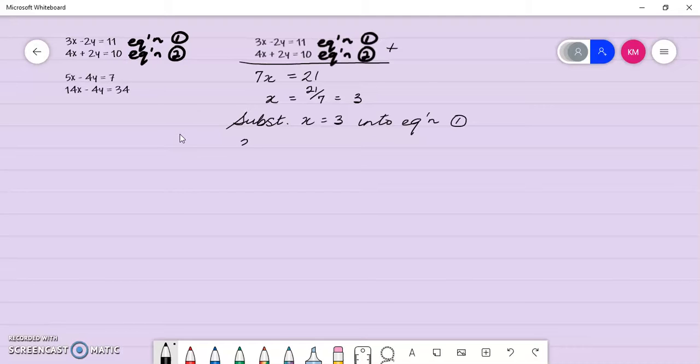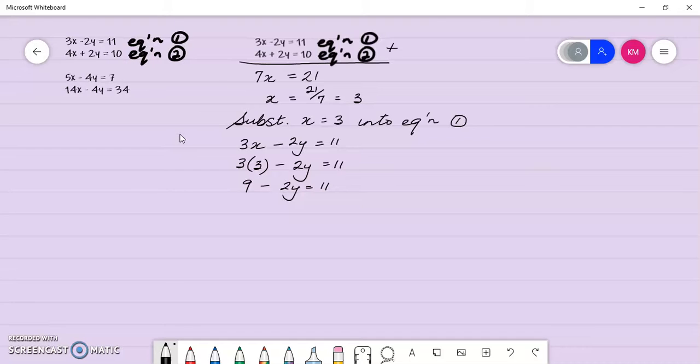So I'm going to rewrite equation 1, 3x take away 2y is equal to 11. Remember x, I got 3, so that's 3 multiplied by 3, take away 2y is equal to 11. Now I have 3 3s are 9, take away 2y is equal to 11.